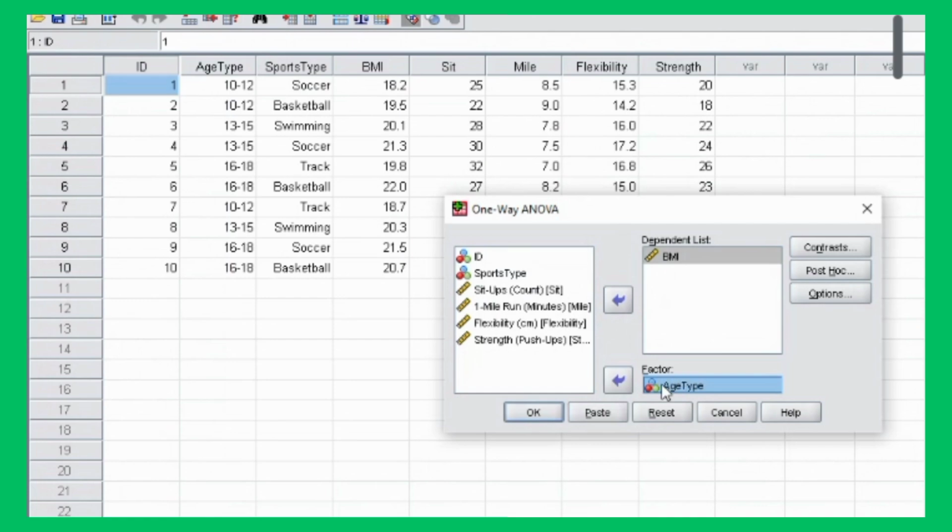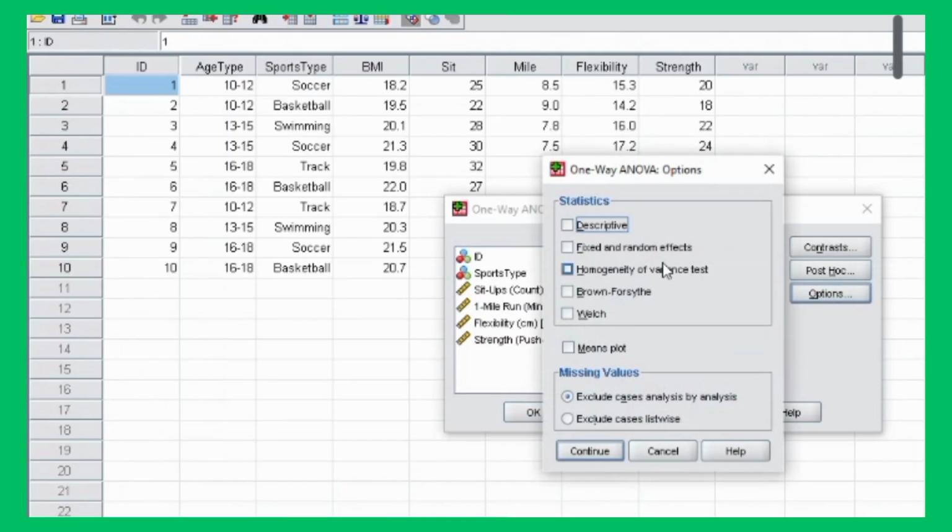So factors are independent variables. Then you go to Options. We can choose descriptive statistics and the homogeneity of variance test.